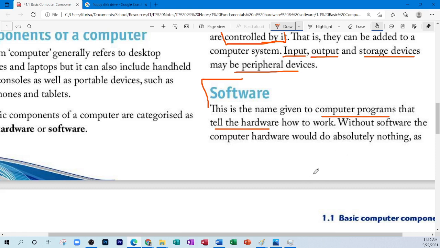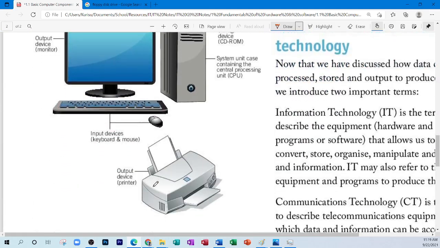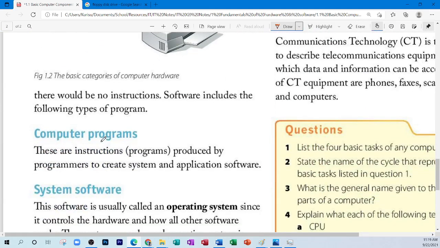Without software, the computer hardware will do absolutely nothing, as there will be no instructions. Software includes the following types of program: computer program. These are instructions produced by programmers to create system and application software.